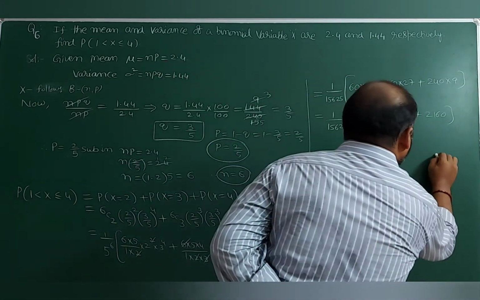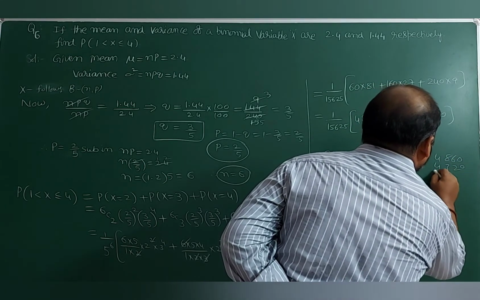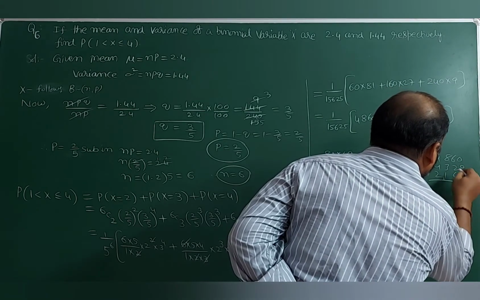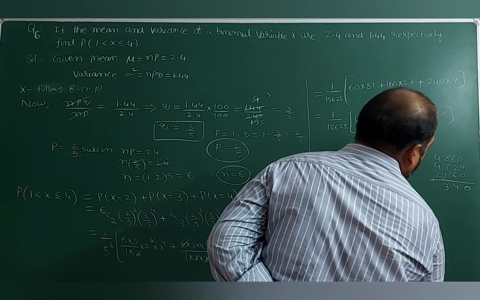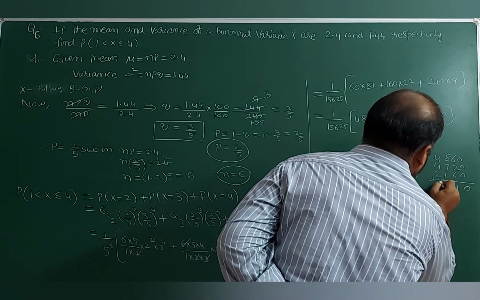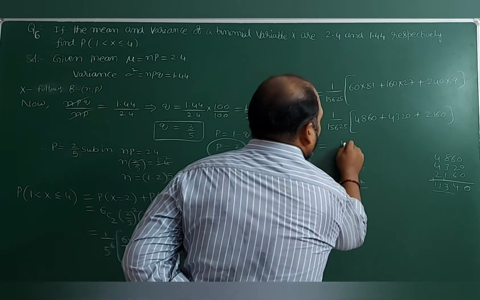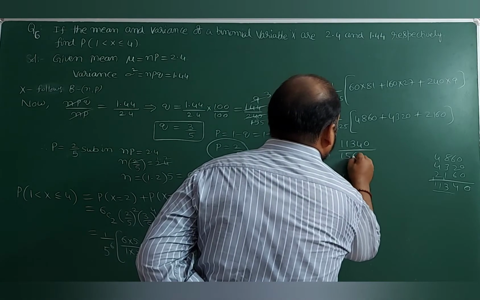So adding these values 4860, 4320, 2160, total we are getting here 11,340 divided by 15625.